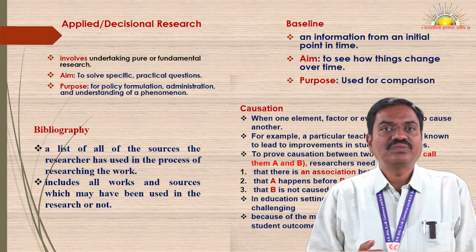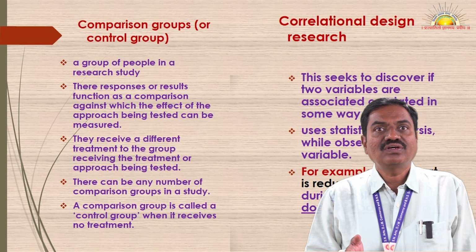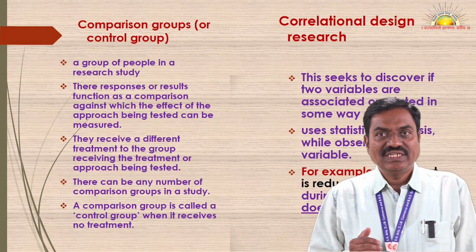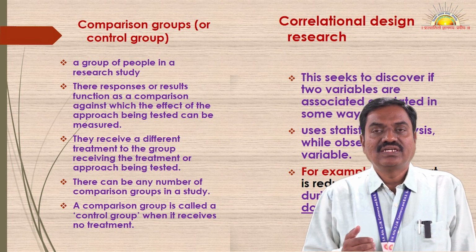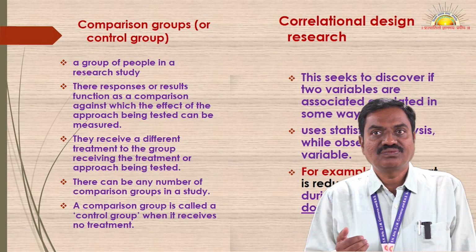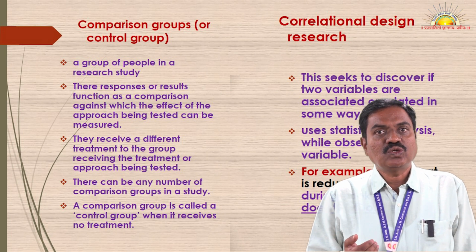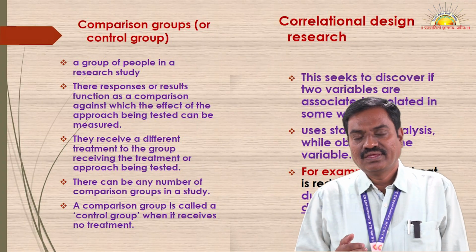The next term that I am going to talk about here is comparison groups or control groups. A comparison group is a group of people in a study, in a research, whose responses or results function as a comparison against which the effect of the approach being tested can be measured.